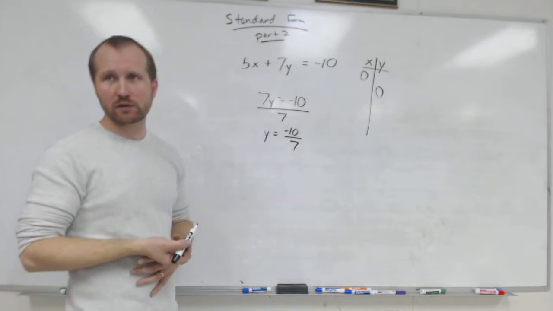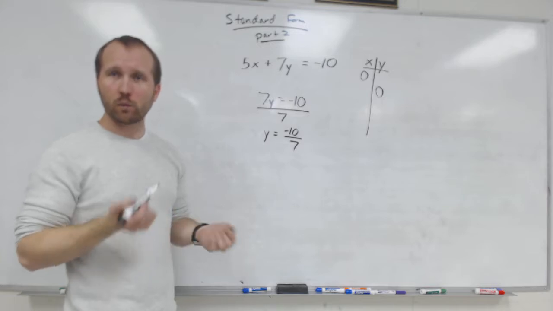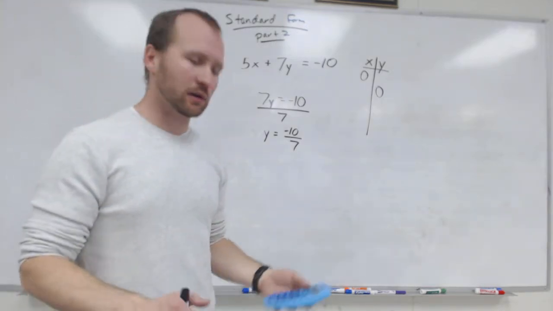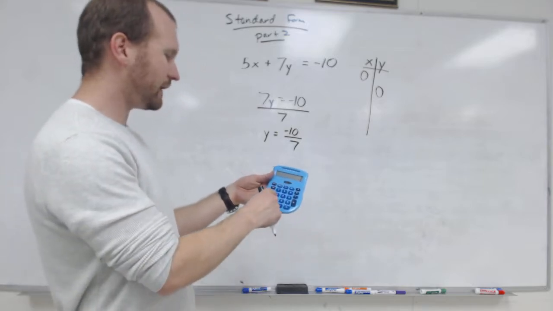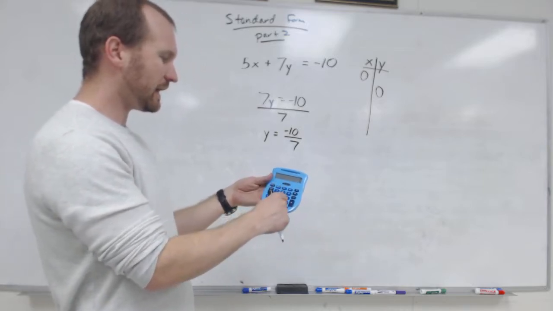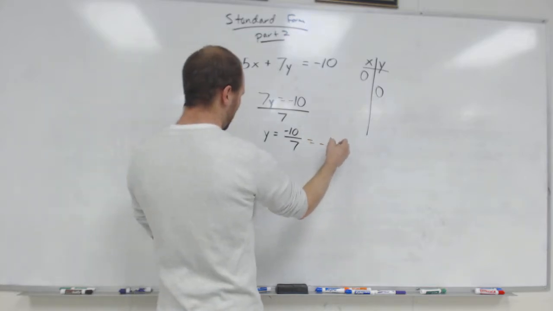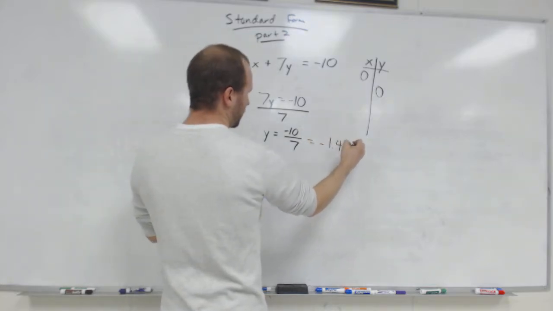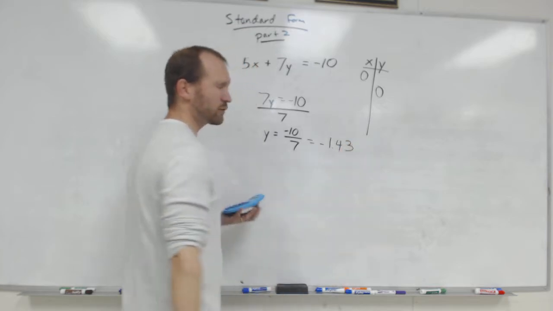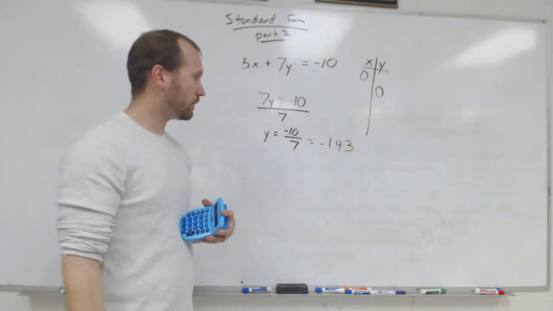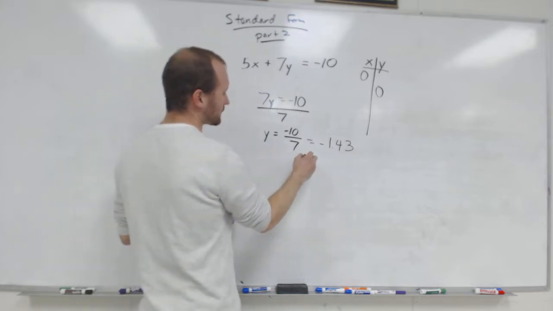And there's a couple ways that you could graph it. One, I could find the decimal equivalent. So if on a calculator I did negative 10 divided by 7, I know that this is equal to negative 1.4, and I'm just going to round it, 1.43. Or I could do it as a mixed number.